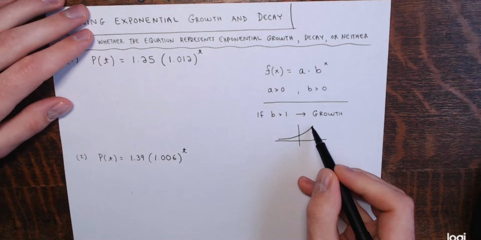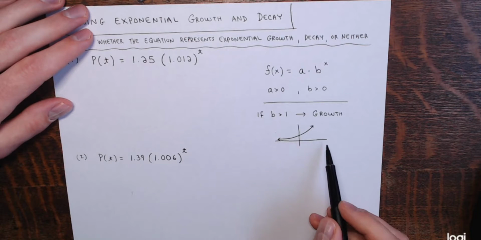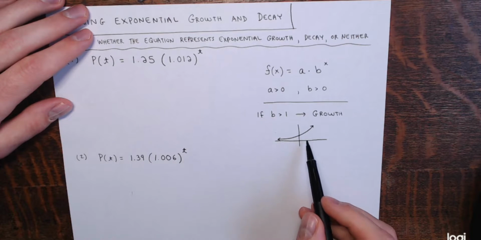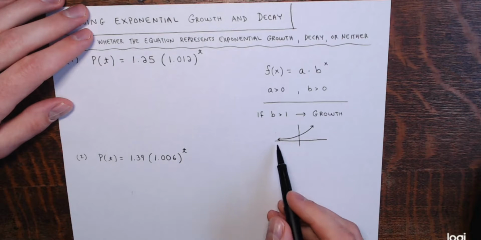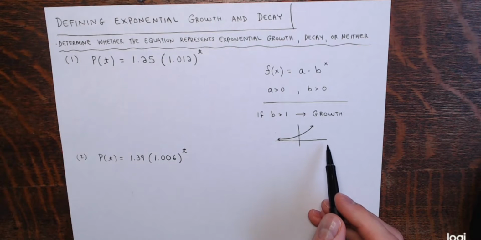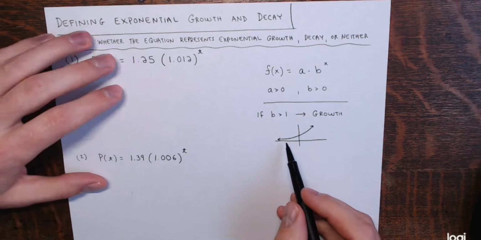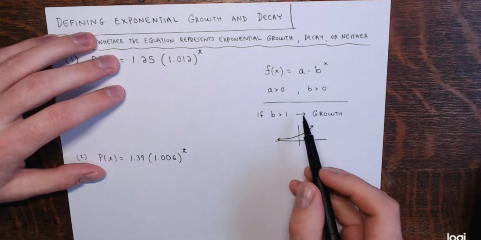It will be increasing as you go from left to right. The domain's all real numbers, the range is all positive numbers. Horizontal asymptote of the x-axis, like all the usual exponential function properties, but it's an increasing function. As x increases, the output increases as well.